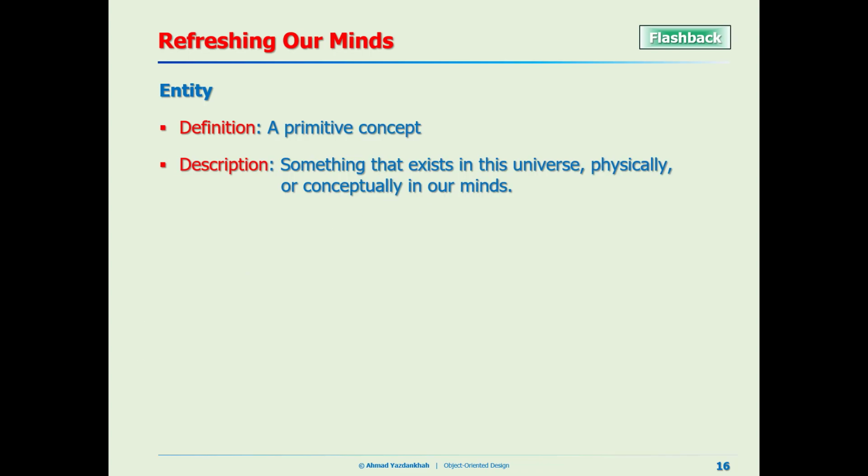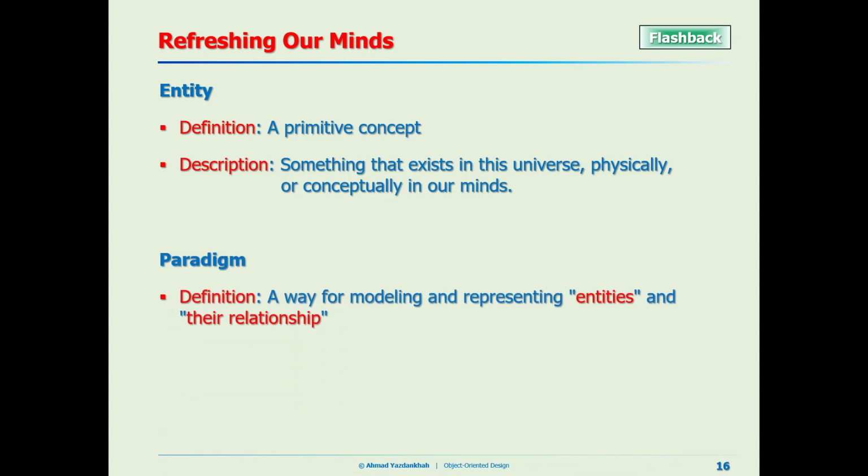Okay. And what was the paradigm? A paradigm is a way of thinking, a way of modeling and representing these entities inside our cyberspace. So a paradigm in computer science is a way of modeling and representing what? The entities and the relationships between the entities.